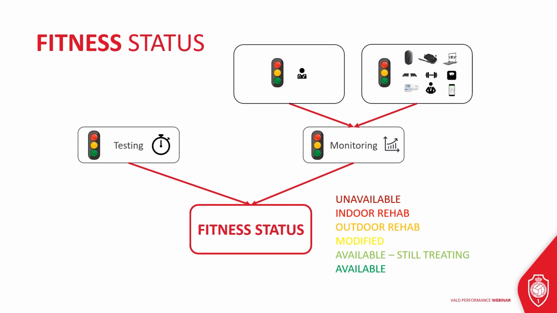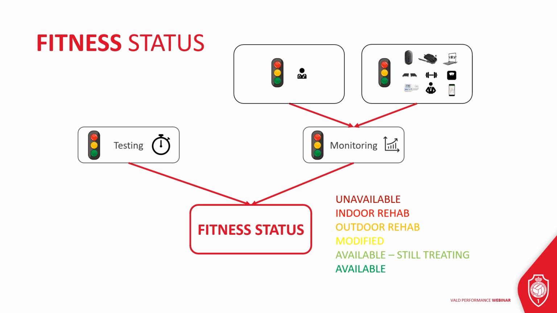So after this data management part, we like to come to a fitness status for every player. So on top, on the right side, you see the data of the medical staff on injuries, on treatments, data of the different devices.